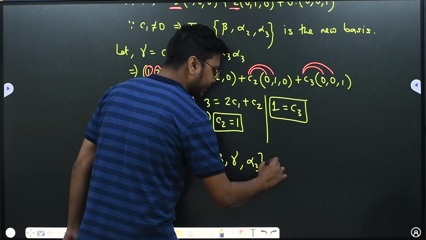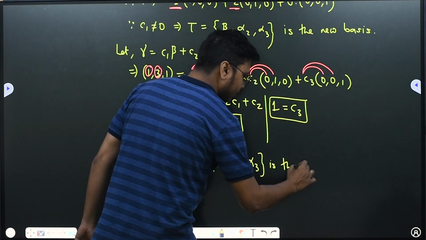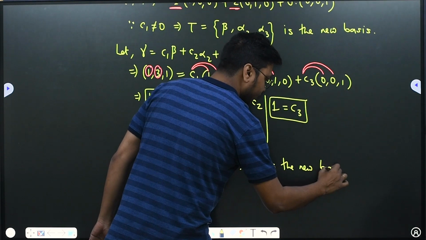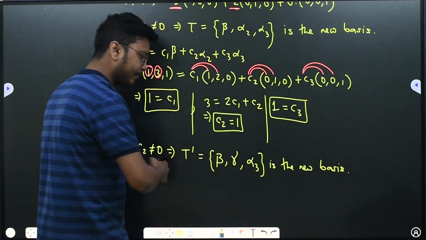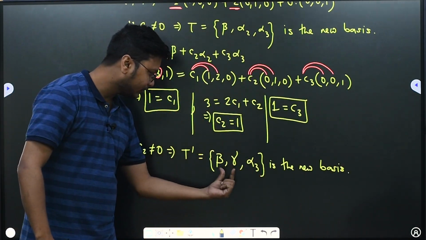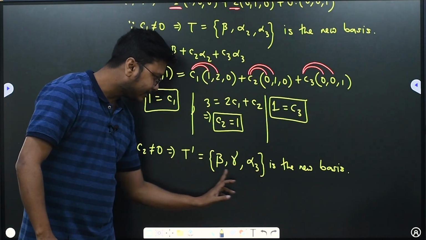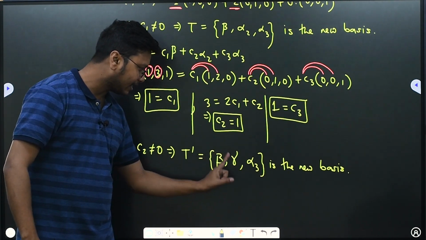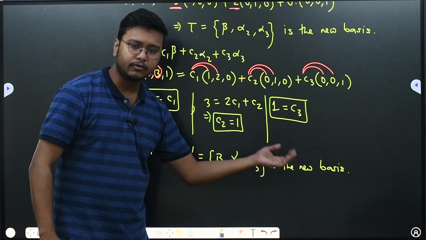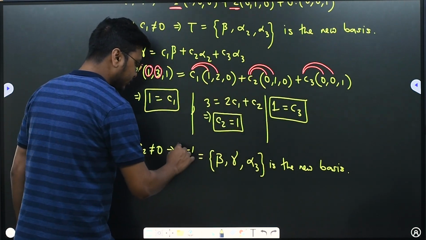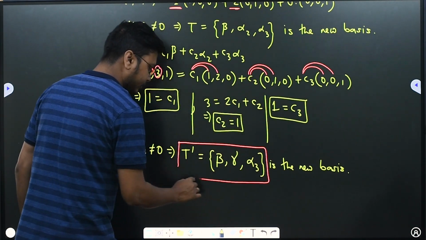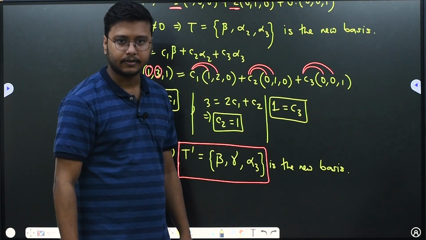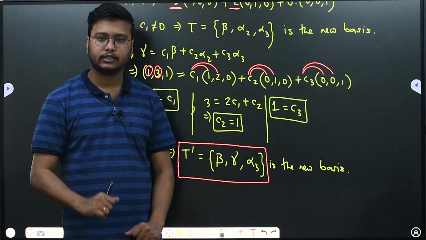So this is the new basis, and this was the requirement of the question: form a basis which contains beta and gamma. This is the basis which contains beta, gamma and another element, (0, 0, 1). So this is the final answer to the question. Thank you. See you in the next video lecture.